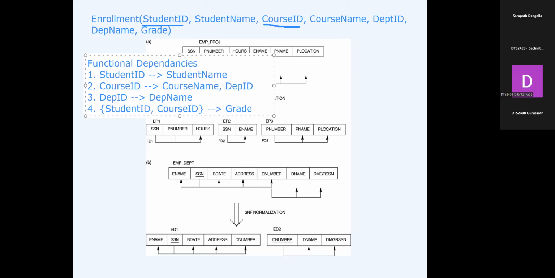And you need both student ID and course ID to determine the grade. Now that you have identified the functional dependencies, tell me in which form the relation is. Is it in zeroth normal form, first normal form, second normal form, or third normal form? Which one?